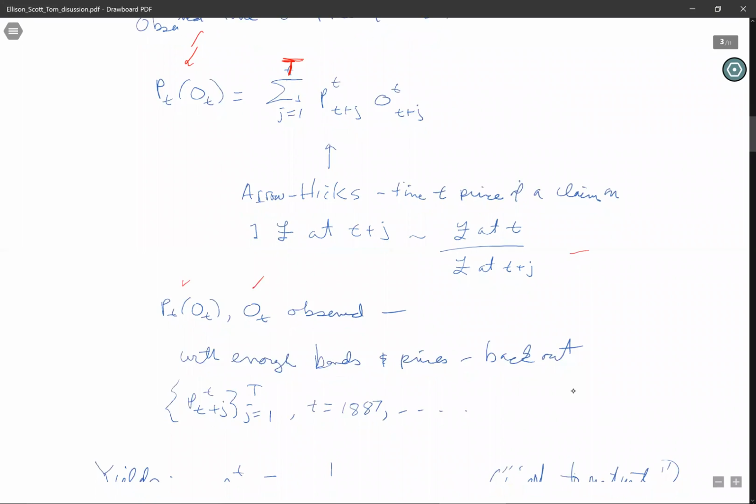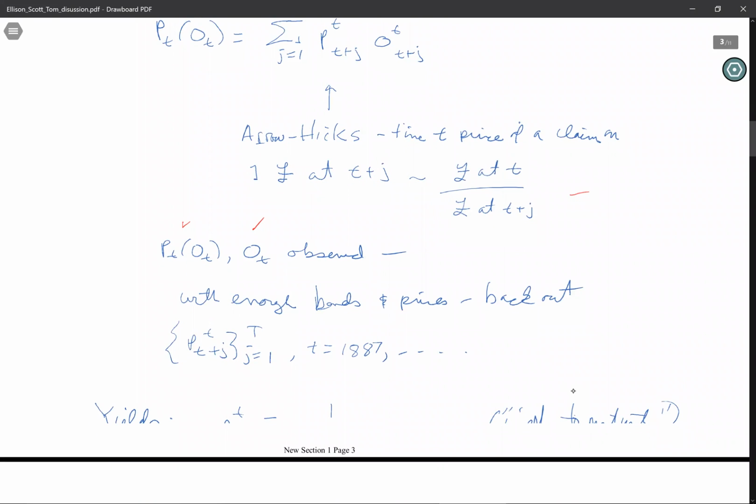And then the key thing, and this is the insight they use, is that with enough bonds and prices, with enough continuation payoffs and enough prices at each date, they can back out these Hicks-Arrow prices. And those are the fundamental things that their analysis works with.